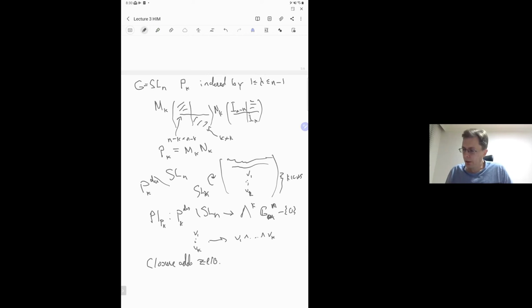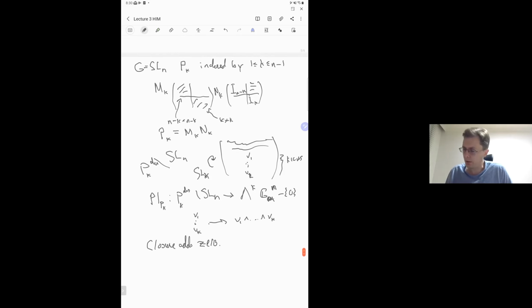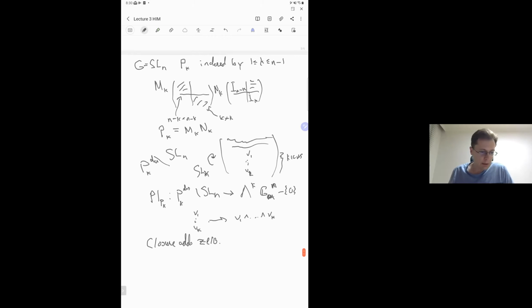You're taking essentially a k-plane, but then you're remembering a vector in this one-dimensional space of V1 wedge VK inside this other thing. Maybe that's not the right way to say it, but maybe I'll retract that statement. But anyway, you can think about it as these last k rows of the SLK conjugacy, right?